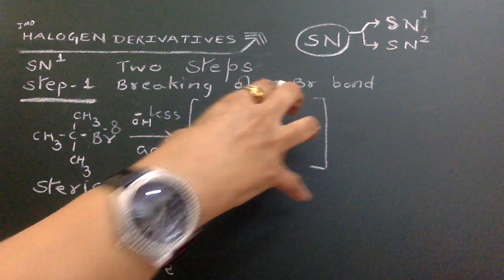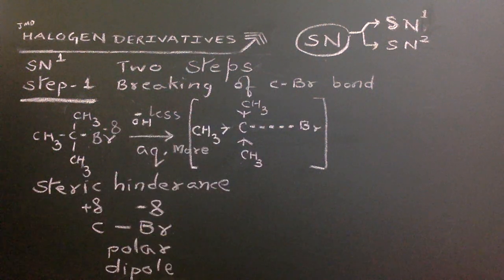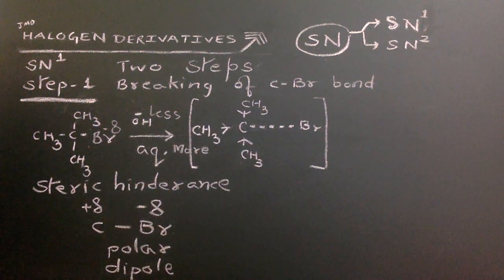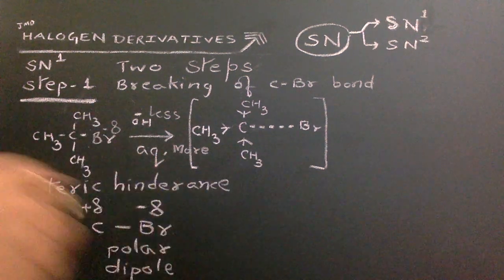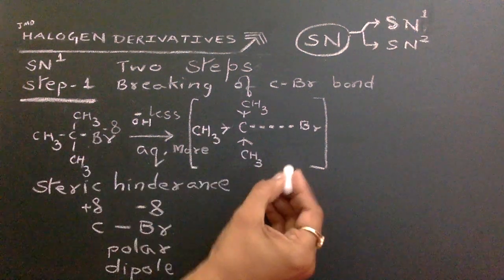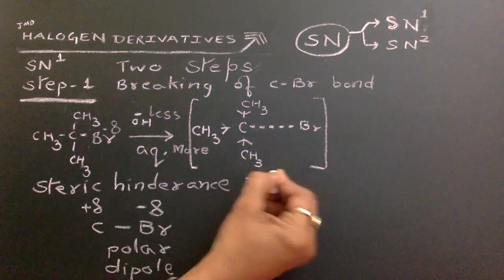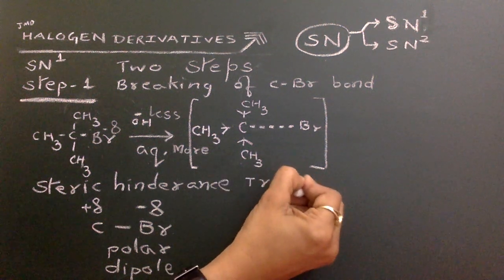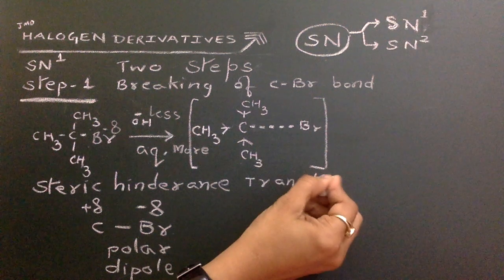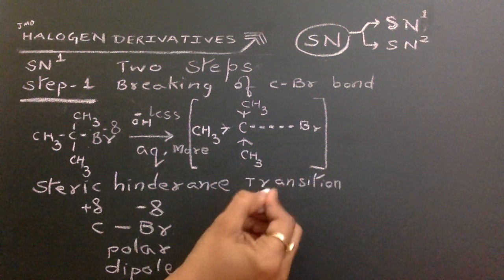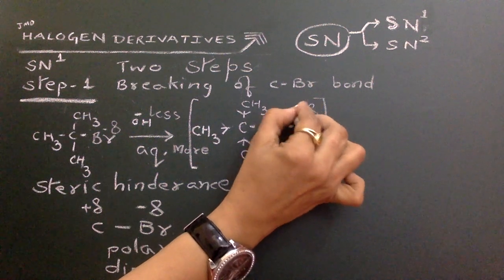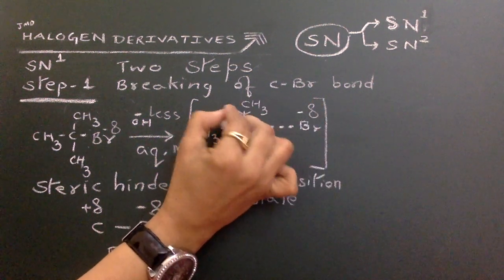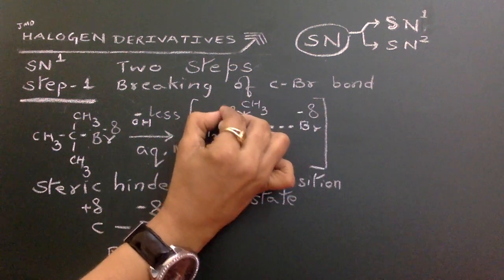Such a state where the process is going on but nothing has finally happened, it is only a process, a transit, a passage, is called the transition state. So this is basically a transition state where bromine is partially negative and this carbon is partially positive.